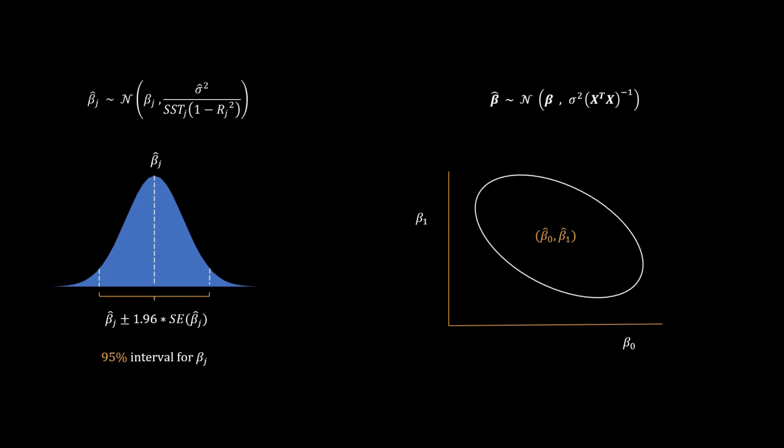Notice that the normal and T distributions have elliptical contours. So at a particular elliptical contour, we will be capturing 95% probability, and that will give us the 95% confidence region.